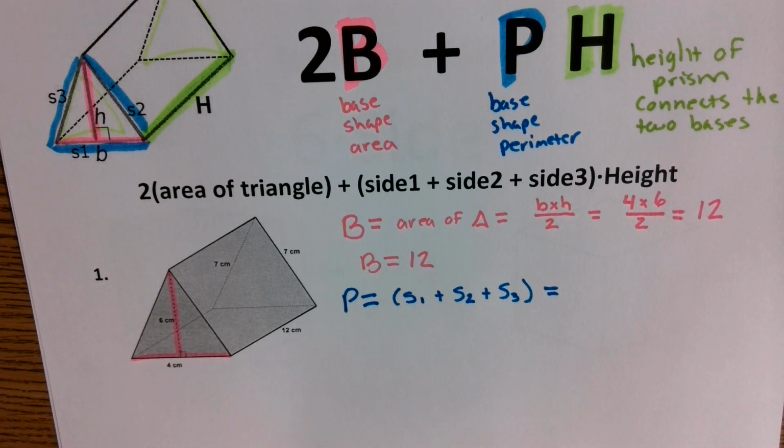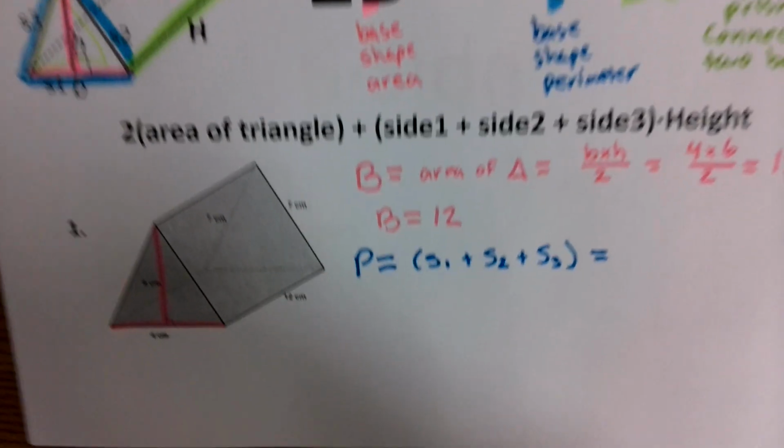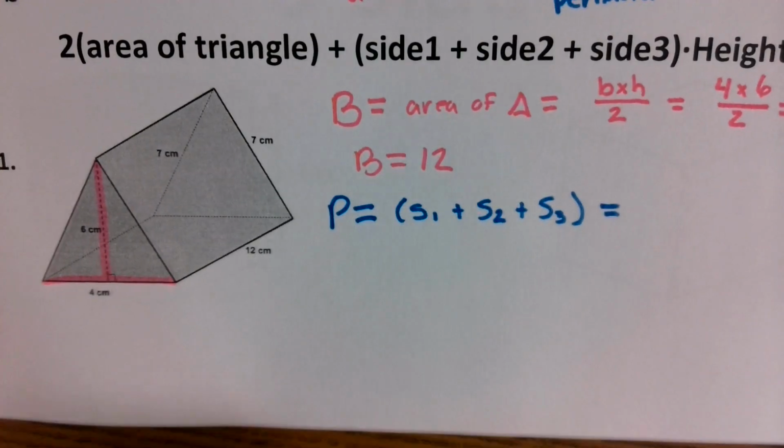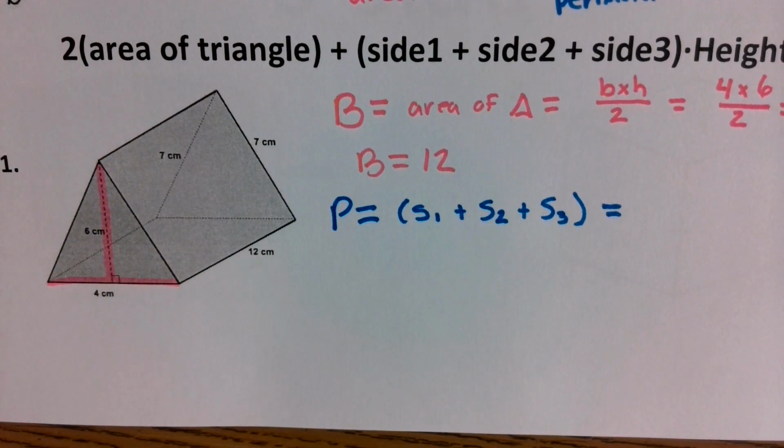Everybody should be looking at their diagram and looking at what the 3 side measurements are of their triangle. So take a look, discuss with your table. What are the 3 side measurements of the triangle here?